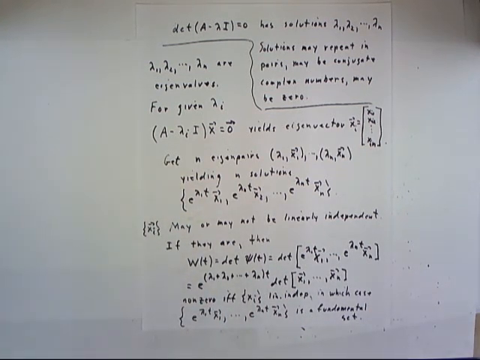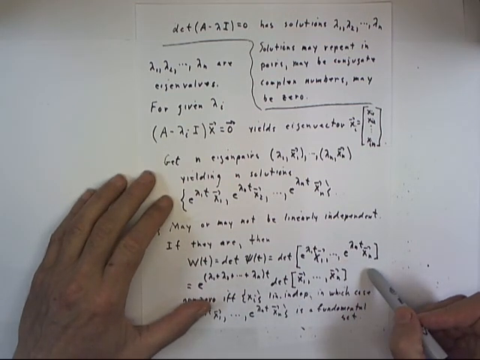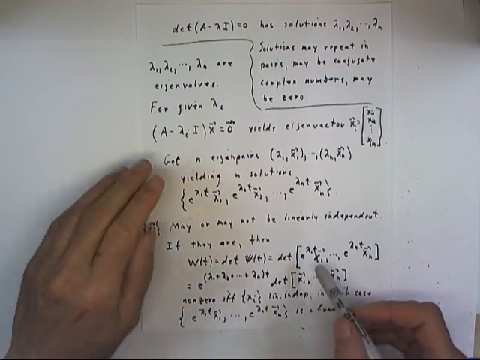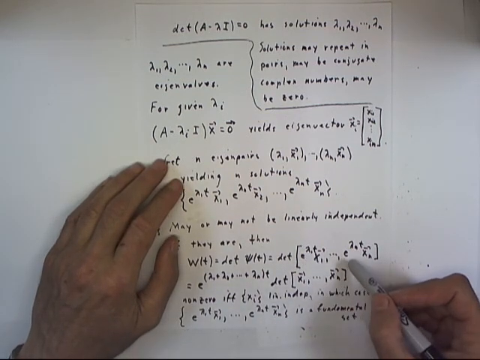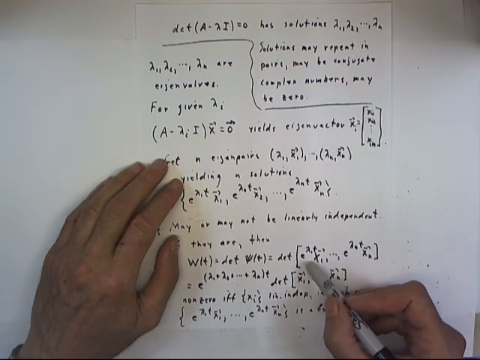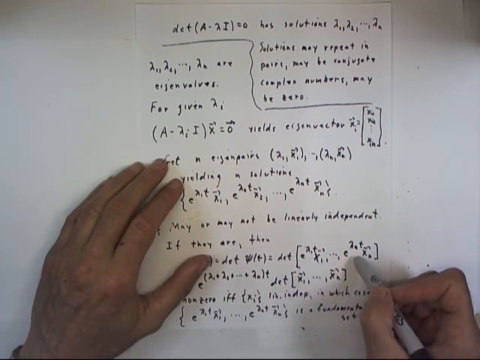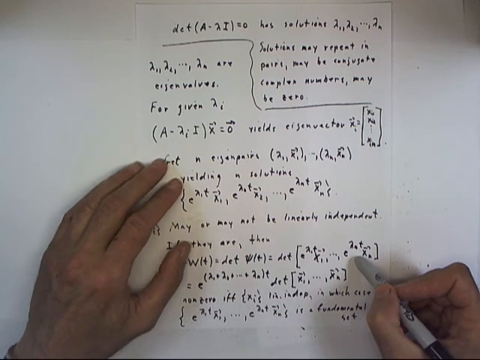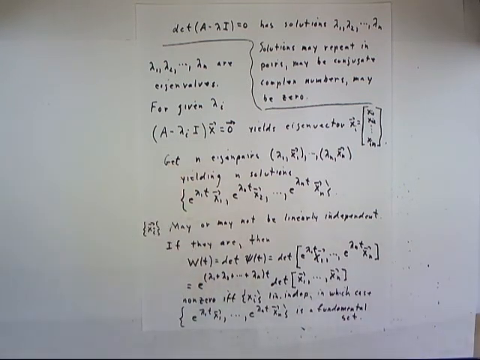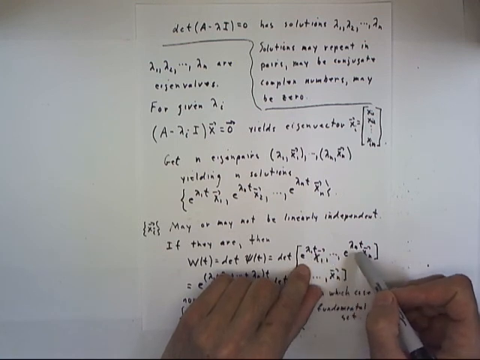I said I wasn't going to justify it, but every time you make a selection of the elements in the different columns to multiply, you're going to get the product e to the lambda 1 t up through e to the lambda n t. All these factors are going to appear when we make that selection. The result being that our determinant is going to be e to the lambda 1 t times e to the lambda 2 t times e to the lambda 3 t, etc., up through e to the lambda n t.